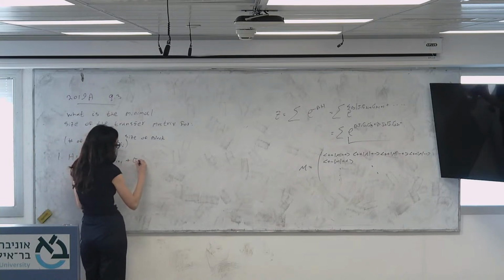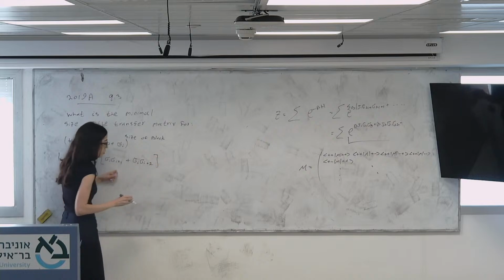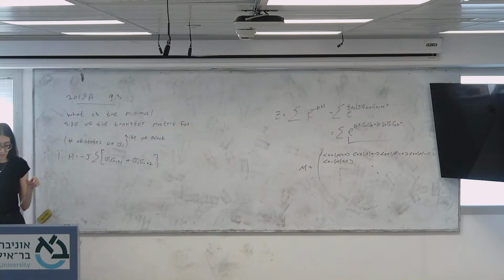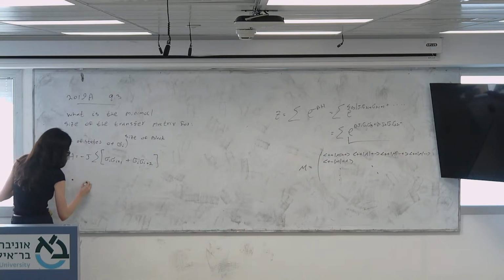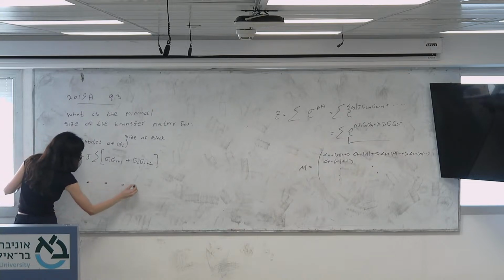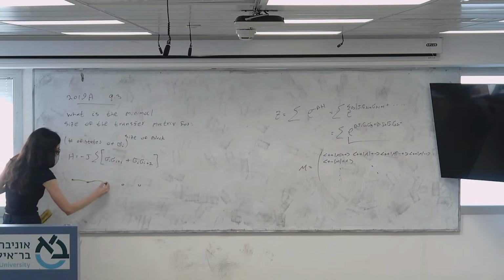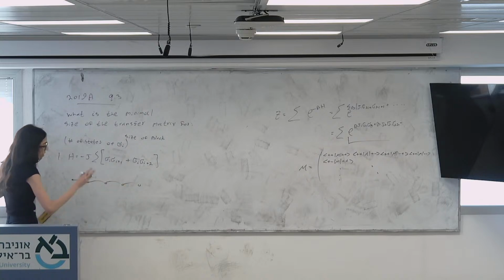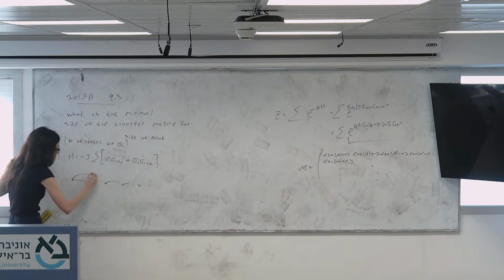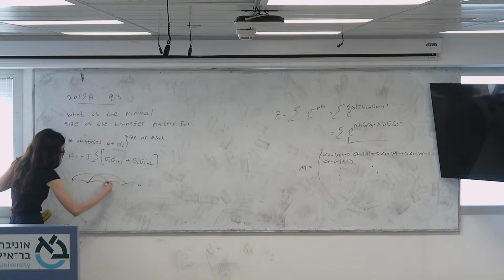And then we have sigma i and sigma i plus 2. So we have a nearest neighbors and a next nearest neighbors interaction. So this is going to look like this Ising chain, where you have an interaction of each one with the one next to it, and also an interaction with the one after. So this is sigma 1, sigma 2, and so on.